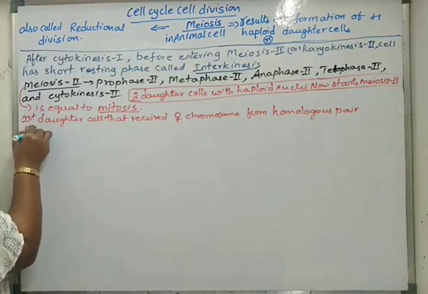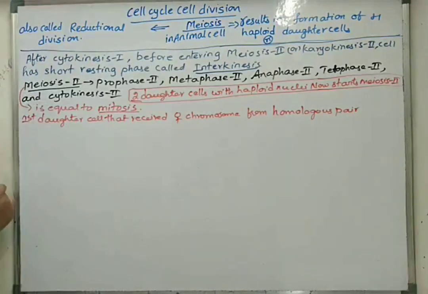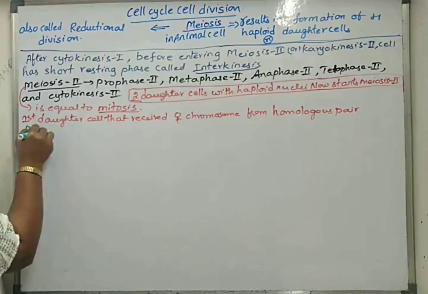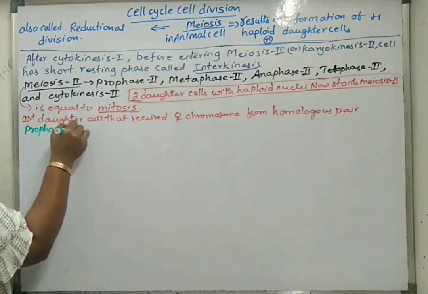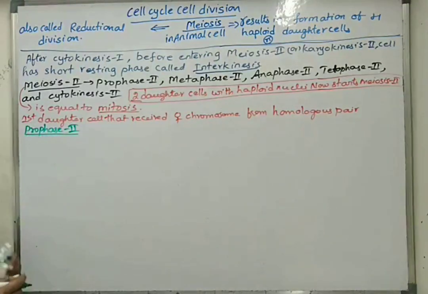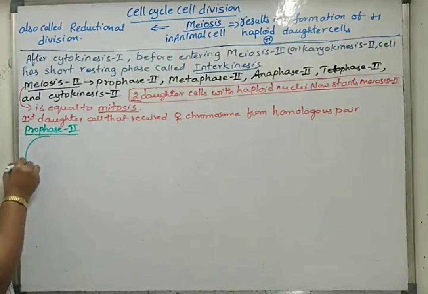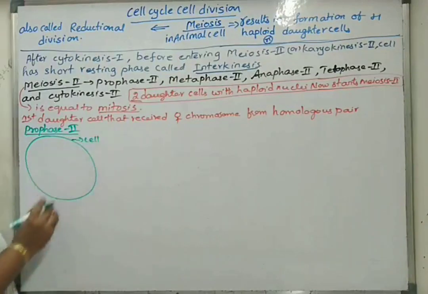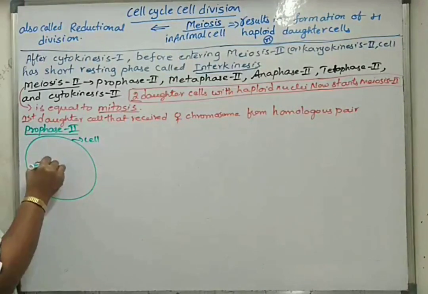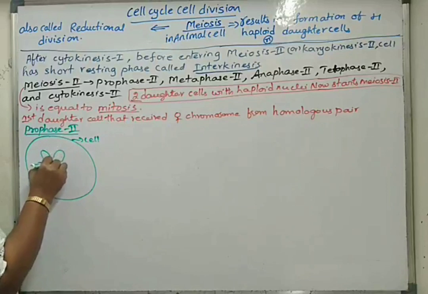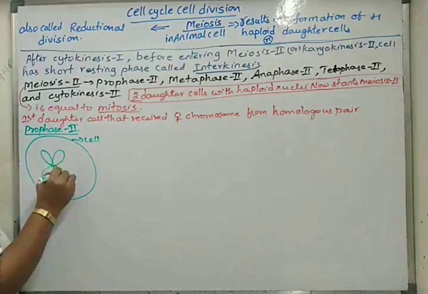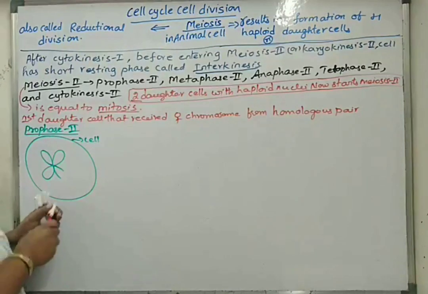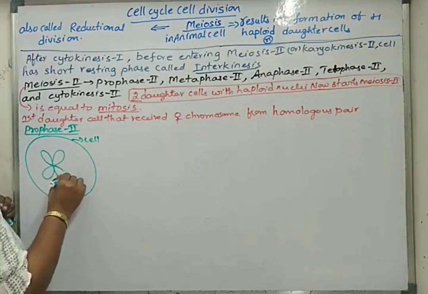So we'll write prophase 2, not 1. So prophase 2, about the nucleus cell. Here we said that it has received the chromosome from the female gamete, which has undergone crossing over during pachytene.